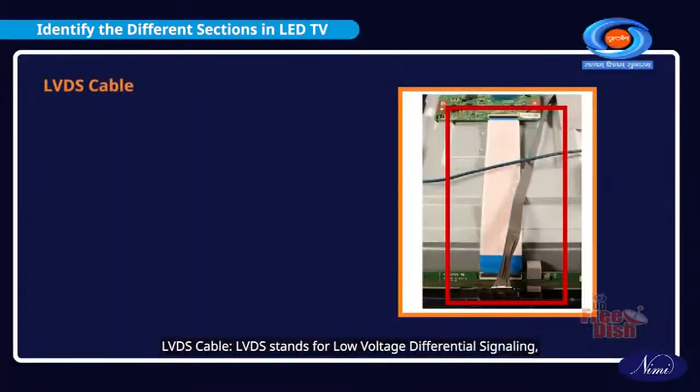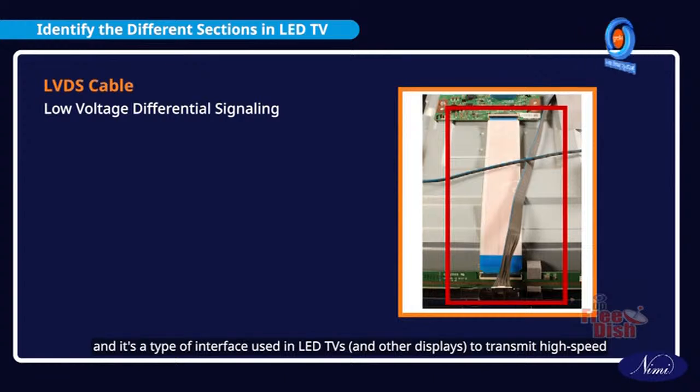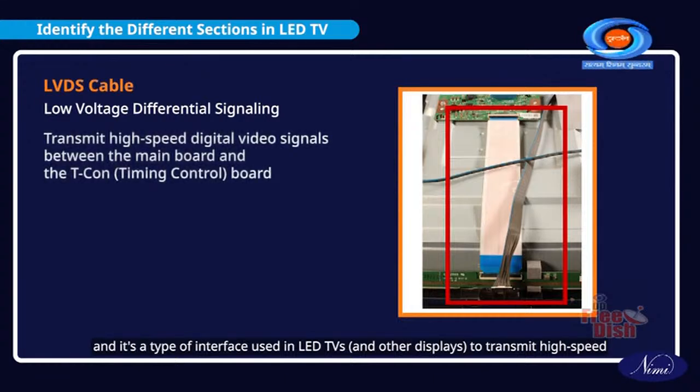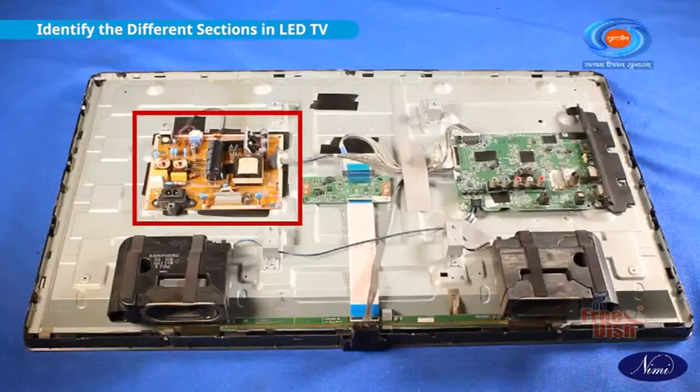LVDS cable. LVDS stands for Low Voltage Differential Signaling, and it is a type of interface used in LED TVs and other displays to transmit high-speed digital video signals between the main board and the T-con timing control board.